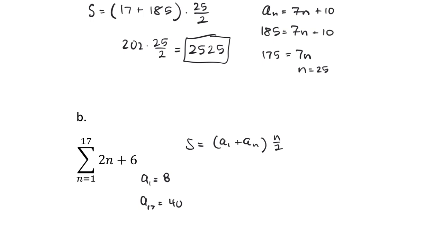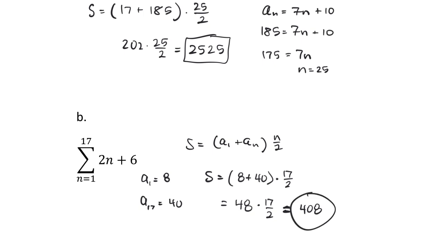Okay, so now the sum is the first term plus the last term multiplied by half of the number of terms we're adding. So this is 48 times 17 halves. And this is 408.